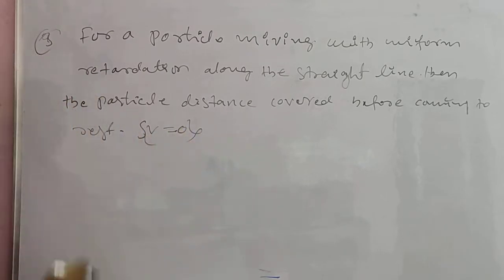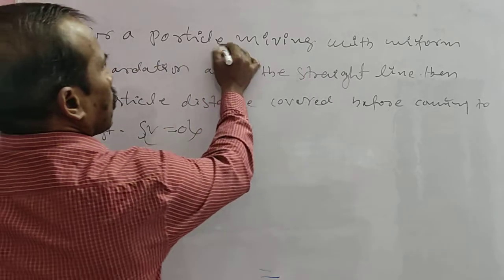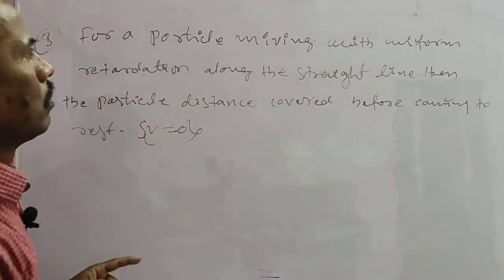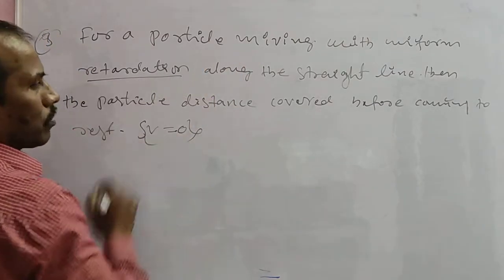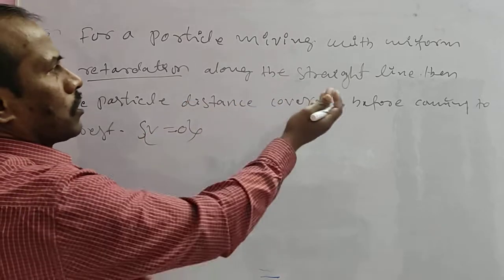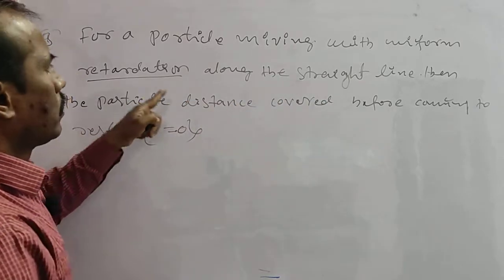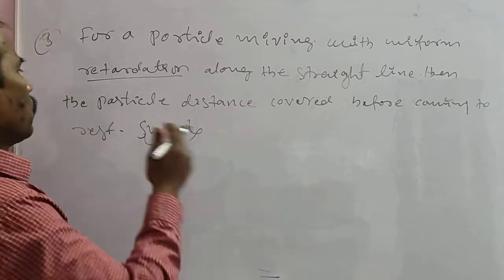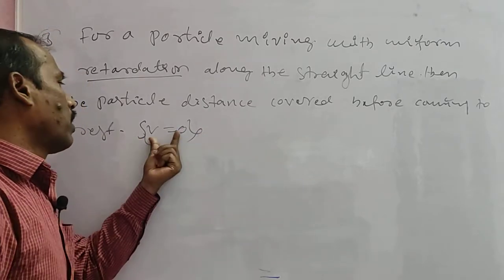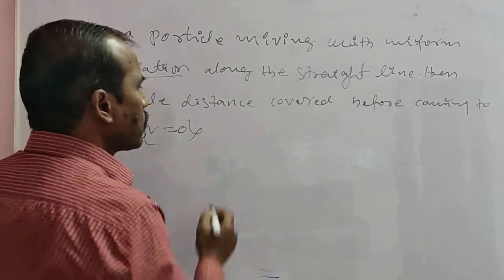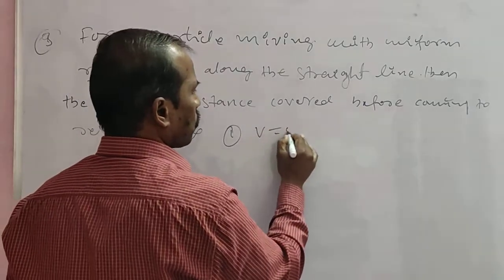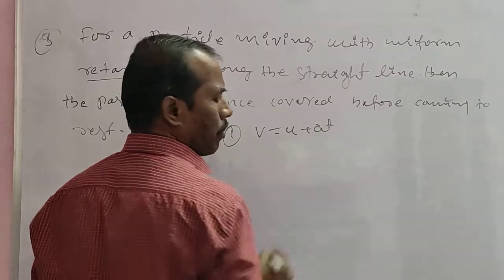Here, for a particle moving with uniform retardation, that is negative acceleration, along the straight line, the distance covered before coming to rest means the final velocity will be 0. So first equation, v is equal to u plus at.